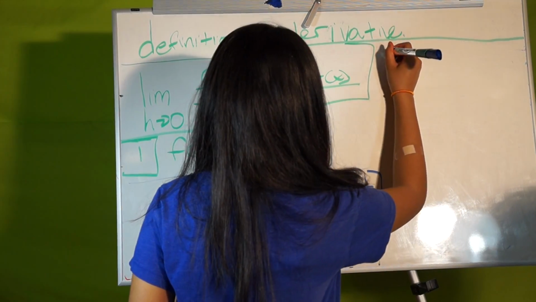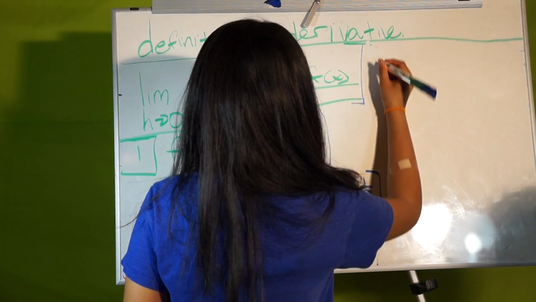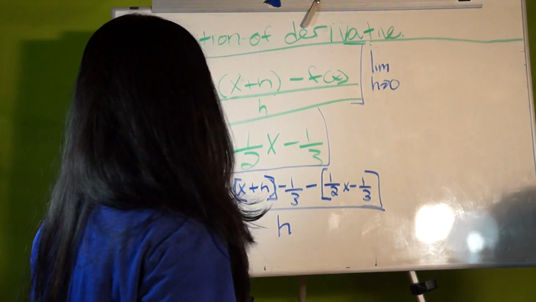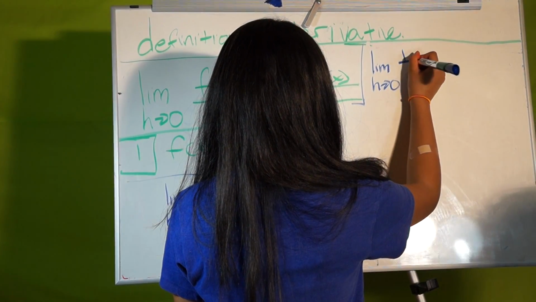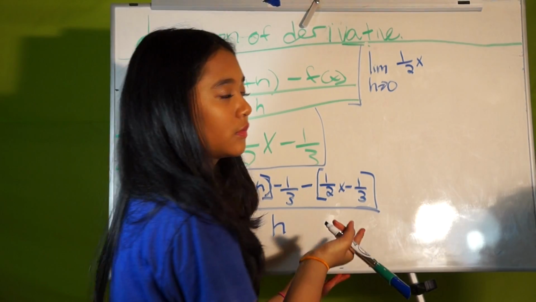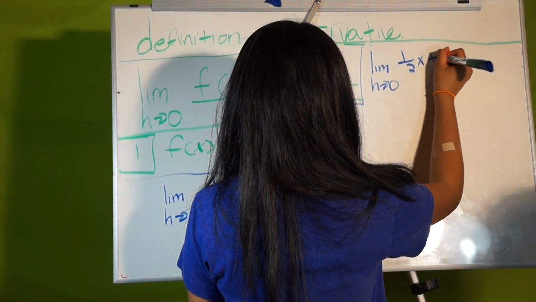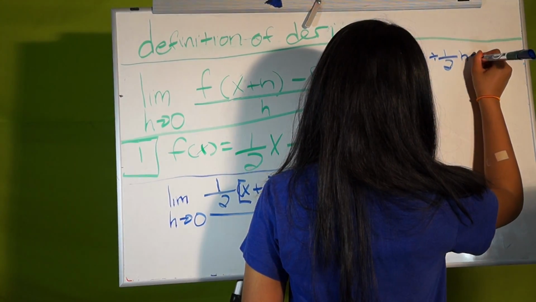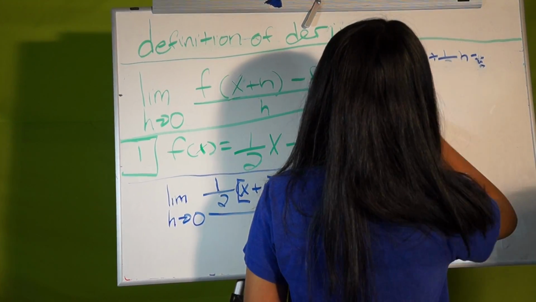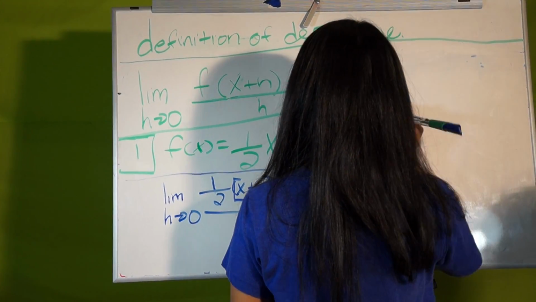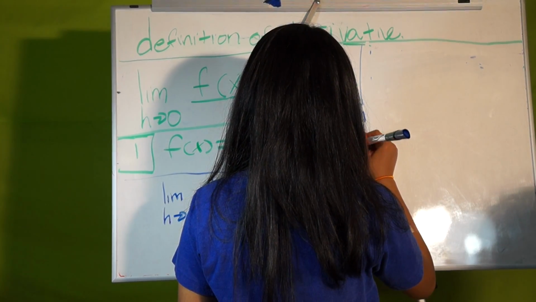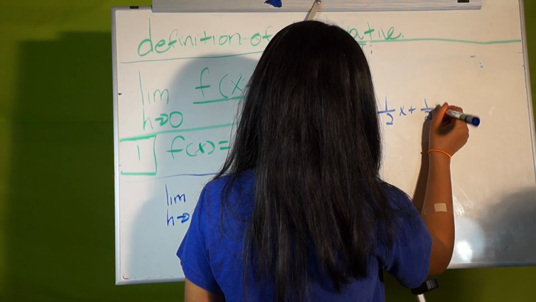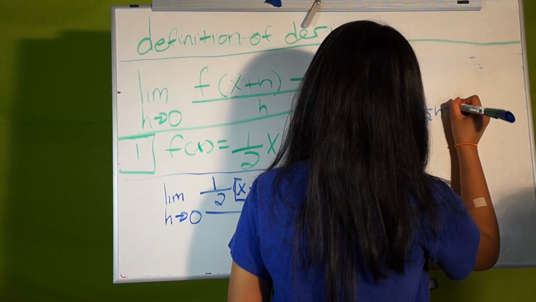From here, what you can do is distribute the 1/2. So you'll have limit as h approaches 0, and then you'll have 1/2 x plus 1/2 h minus 1/3.